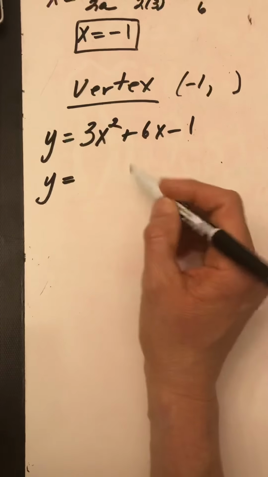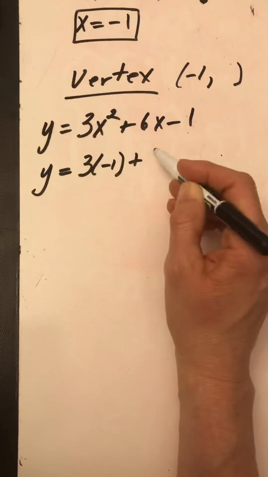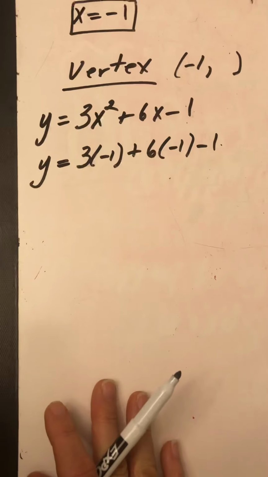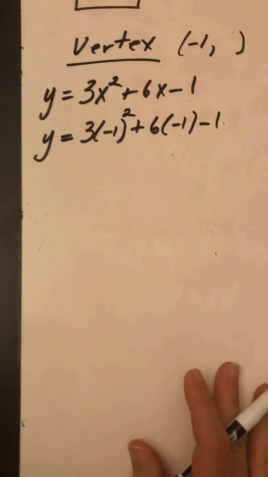So y equals 3 times negative 1, plus 6 times negative 1, minus 1. And then, whoops, don't forget your power of 2.